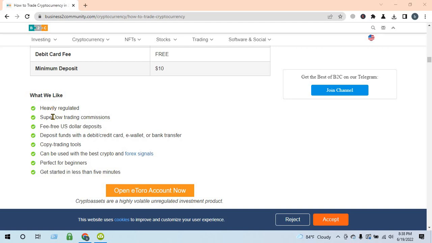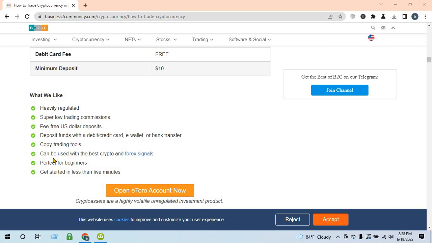What we like: regulated, super low trading commission, free US dollar deposit, and easy deposit. Fund your account with a debit or credit card, wallet and bank transfer.